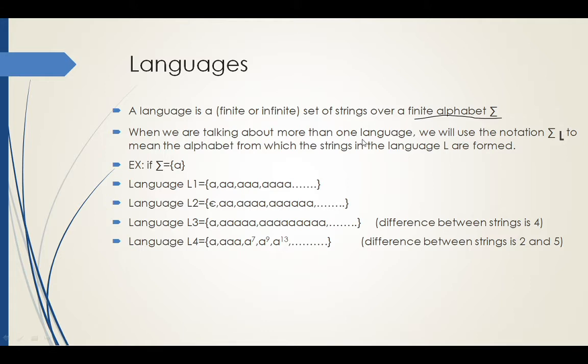In the last video, we had discussed a string which is made up of an alphabet, where the alphabet is a set of symbols. Using these symbols, you frame strings for a particular language.